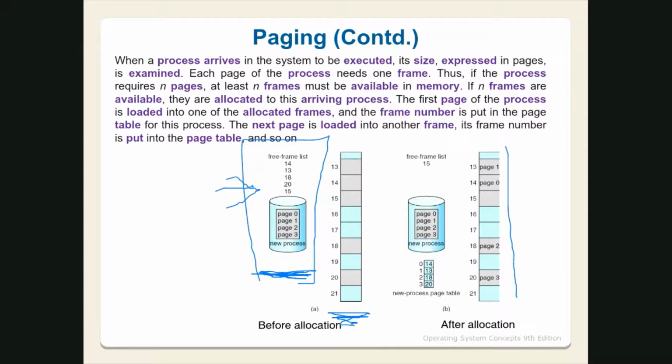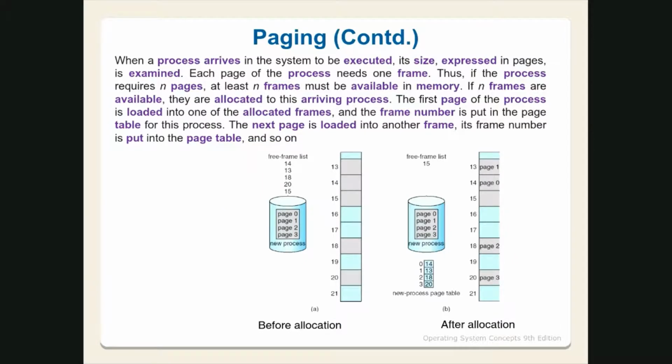And you can see on the top here you have the free frame list. When a process arrives, assume that a process arrives, which frame will it be stored in? Do you get my point? So let's assume that a new process comes.